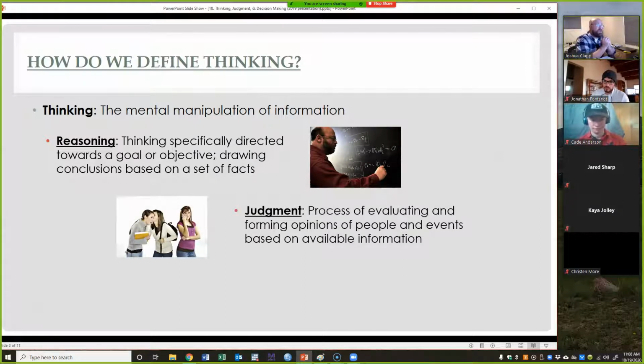This is going to be different than judgment. Okay, judgment, we're going to evaluate and form opinions based on available information. So I might say, is Kate a trustworthy person? I don't know. I'm going to have to take what I know about Kate, behaviors that I've seen, things that he's said, to weigh out whether or not I should trust Kate to sell me a car and not some sort of piece of junk that's going to fall apart.